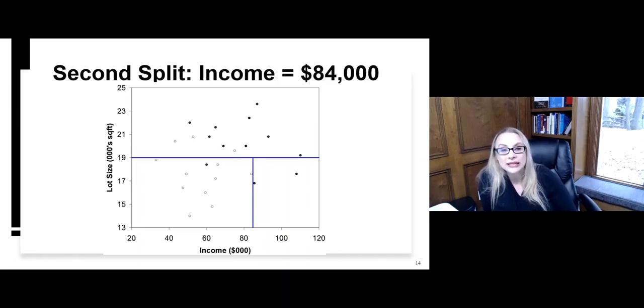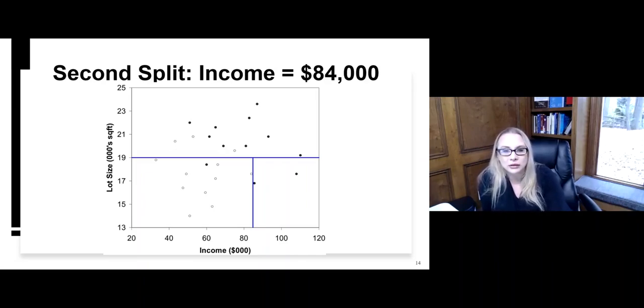And those that are less than 19,000 but have an income less than 84,000 will be in the group on the lower left hand section. That group is going to be considered non-owners because most of these are non-owners. You can see that they are not solid. There's only one solid, so it's not 100% pure, but the vast majority here are not owners.